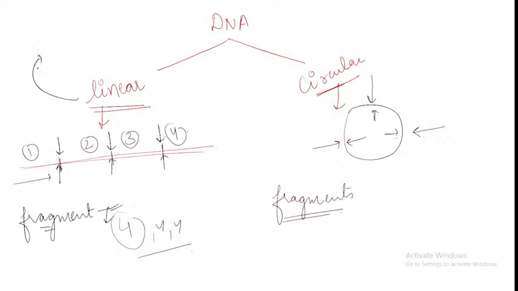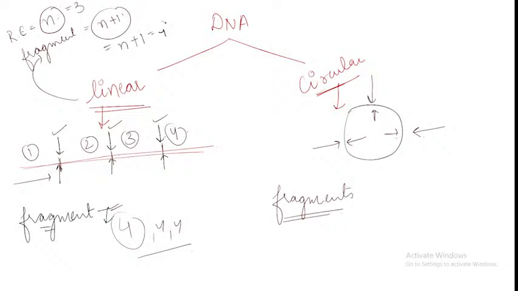So over here we have our formula that when the number of restriction digestion sites is n, the fragments formed in case of the linear DNA would always be n plus 1. Over here we had 1, 2 and 3 restriction sites, so n was equal to 3. So fragments would be equal to 3 plus 1, 4. Remember about it very nicely.